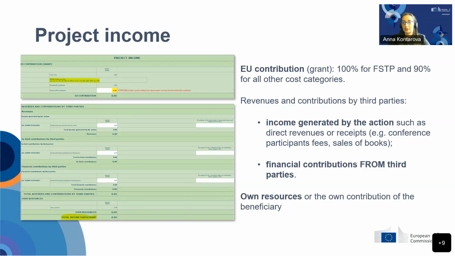So here we are coming to the green part of the budget table, and this is the project income. Basically, we already said that the project costs have to be in balance with project income.